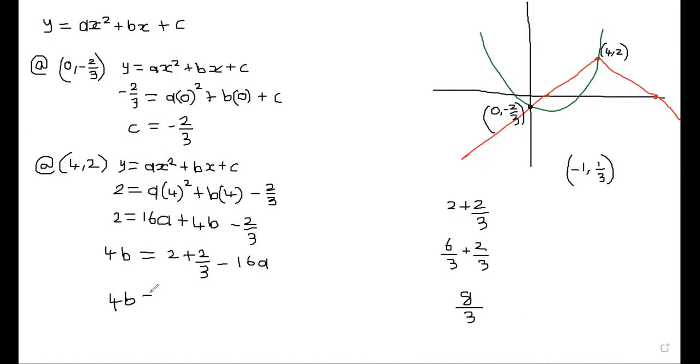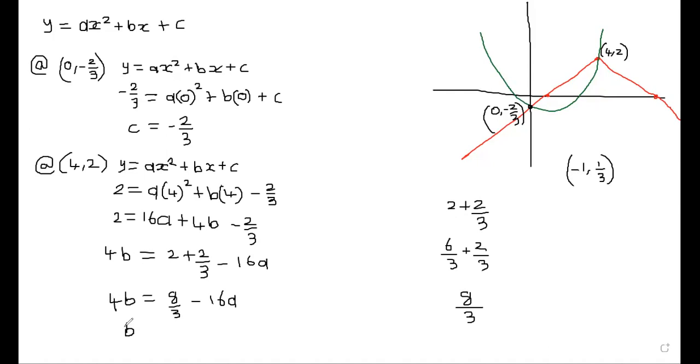4b equals 8/3 minus 16a. Now we can multiply throughout by 4. Actually, we can multiply by 1/4 so that it cancels this.